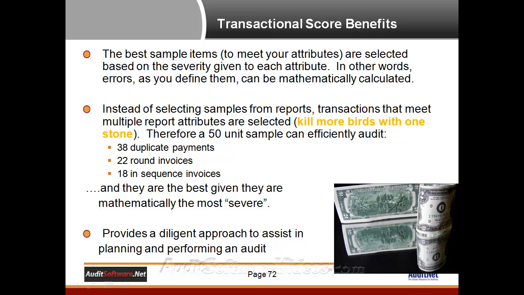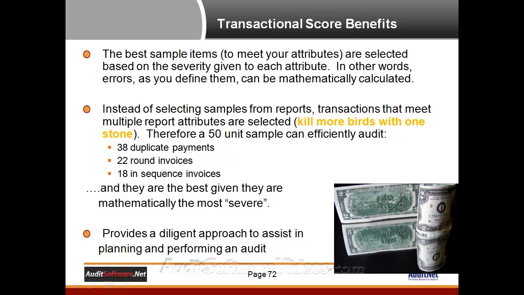So to summarize the transactional score benefits, what you're trying to do is find the best sample items so that if you do pick a 50-unit sample, it's going to meet the duplicate payment test and the round dollar test and the in-sequence test, just because mathematically they have all of these attributes.